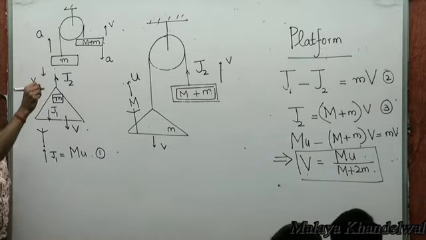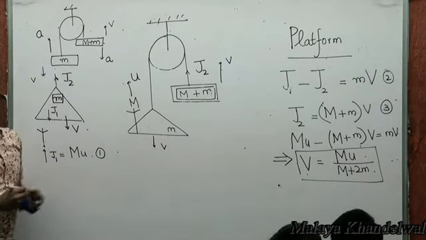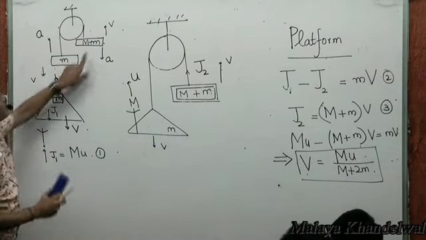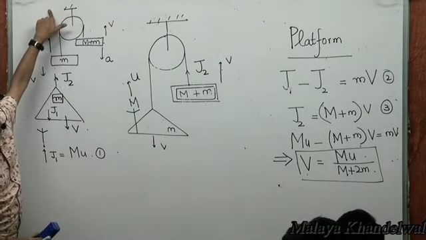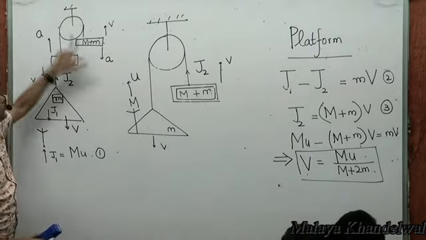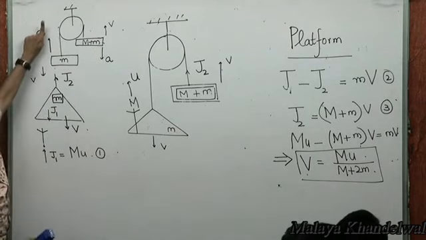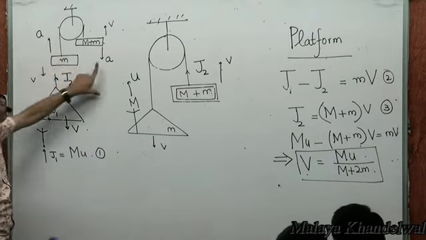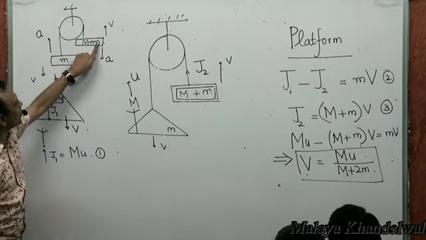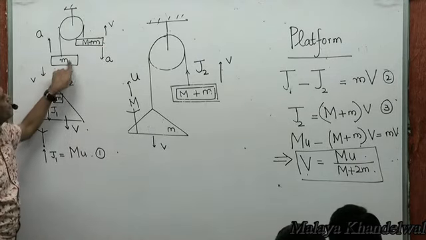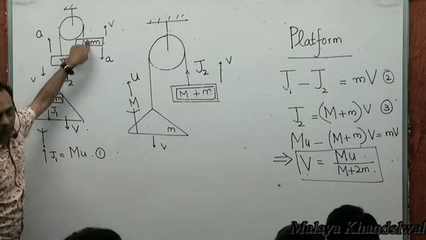Yes or no? If I had not given you the velocities of the two masses, what would happen? Capital M plus small m would move down and small m will move up. Right? The acceleration of this would be downwards, the acceleration of this would be upwards. And how did we compute the acceleration of these two? Capital M plus small m into g minus small m into g divided by m1 plus m2.